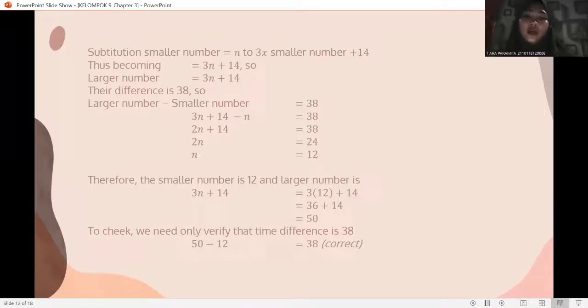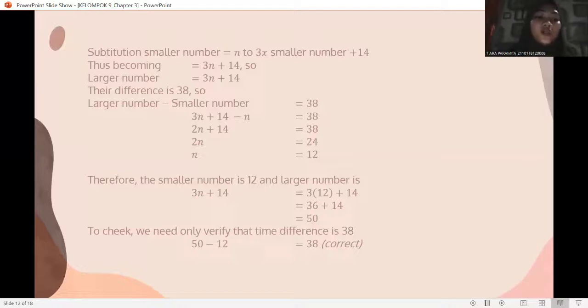2n equals 24. n equals 12. Therefore, the smaller number is 12 and the larger number is 3n plus 14, which equals 3 times 12 plus 14. 3 times 12 is 36, plus 14 equals 50.